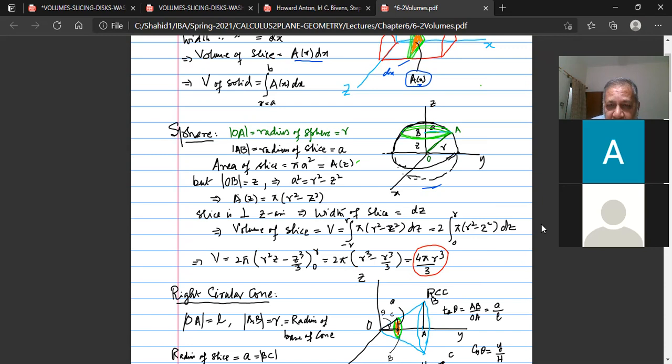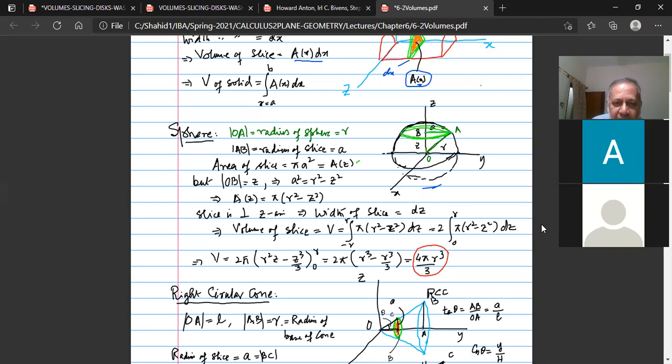Now the radius of the slice is small a, so the area of this green slice will be pi a squared. Now OB, the height, is the z coordinate, and the right triangle OBA tells me that this radius a squared is equal to hypotenuse squared minus this z squared.